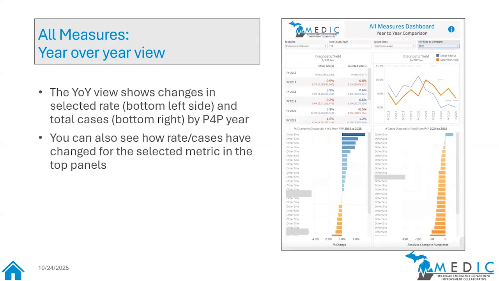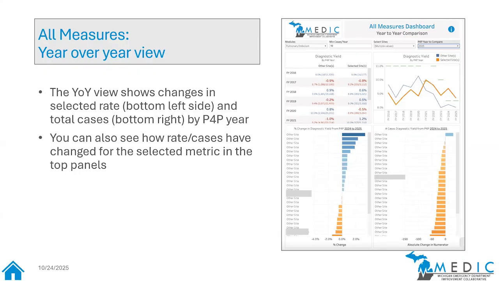All right. Another way you might want to look at these things is a year-over-year trend. And so that's what this view does. It has a similar line graph in the corner, but it also has the ability for you to select a year of interest and then look at the year-over-year trend from the year before.